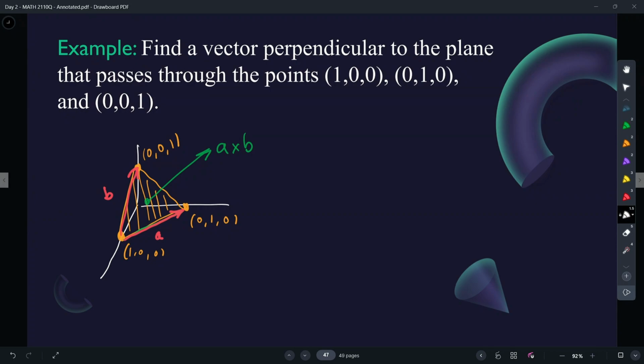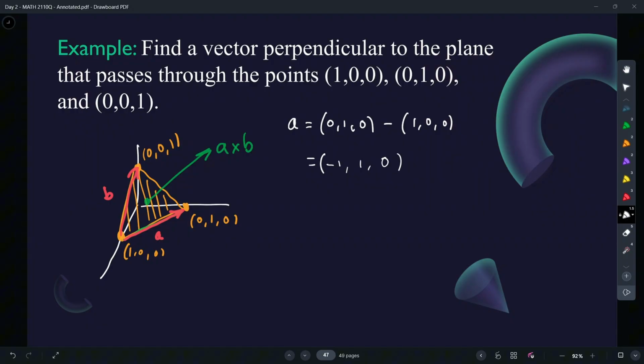So first of all, what is A going to be? A is going to be the difference between going to 0, 1, 0 minus starting from 1, 0, 0. Okay? So that is going to be the vector minus 1, 1, 0.